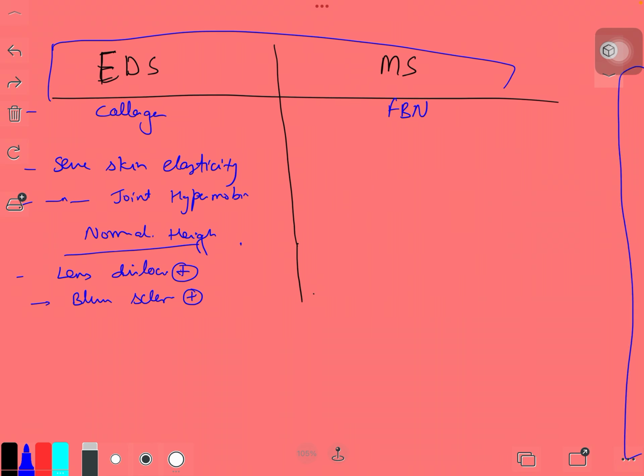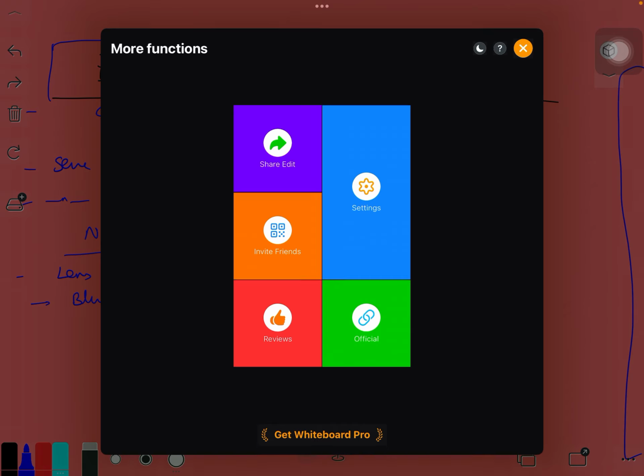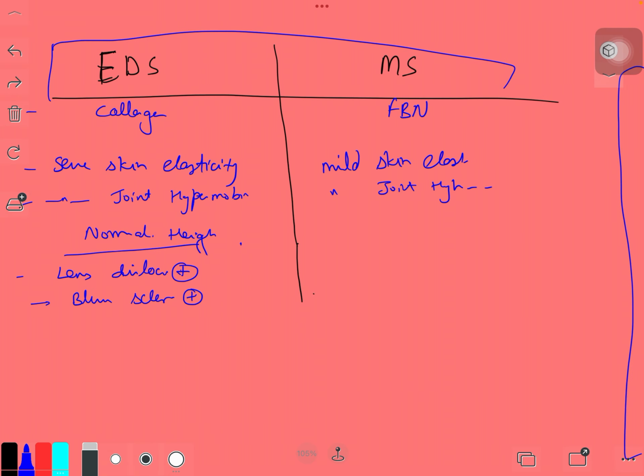Now let's see Marfan syndrome. It does not have such severe skin elasticity, so mild skin elasticity, okay, and mild joint hypermobility. Both these things are again less severe than in EDS.